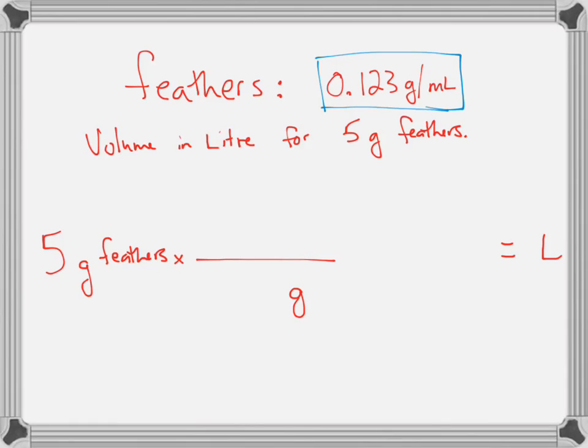I know grams has to disappear, so I need grams in the denominator. Do I have a relationship between grams and anything else? I do have a relationship to milliliters.